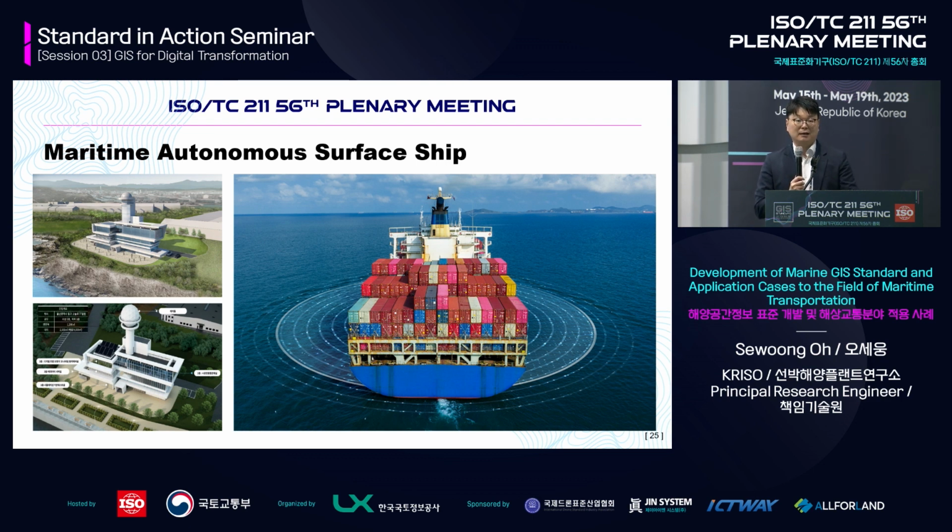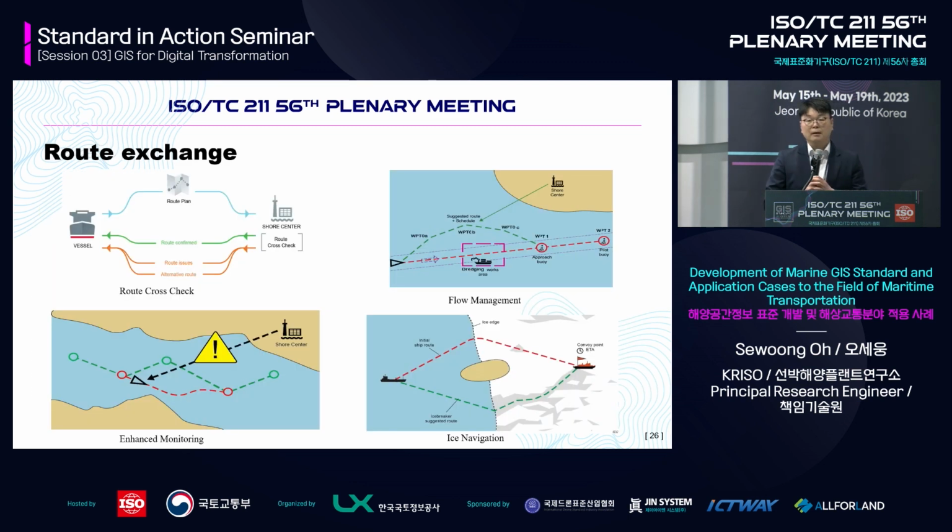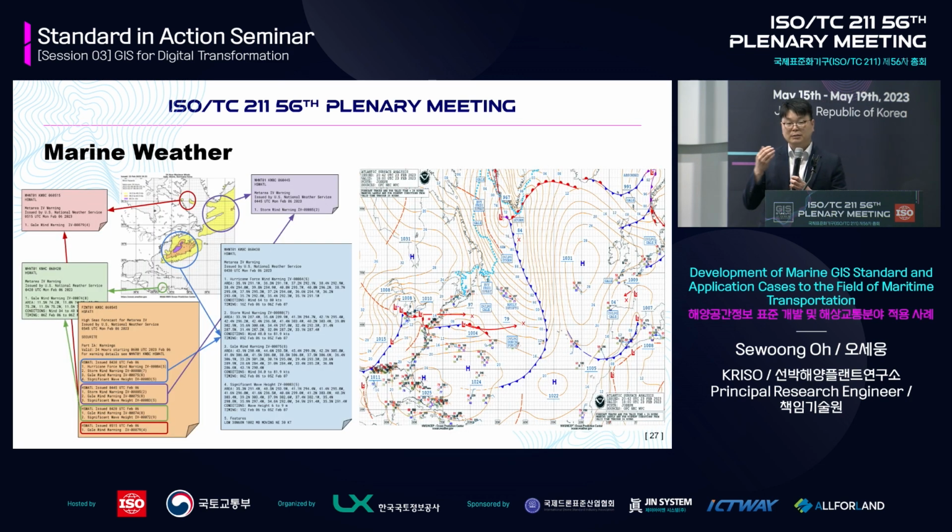International organizations have acknowledged that this is a way to go needed for the future. So that's one of the R&D projects that are in place currently. Route is vital information in maritime operation, and there are businesses based on exchanging route information for safety and for economy. So those are some of the research areas as well.